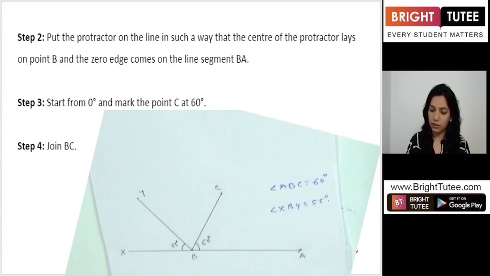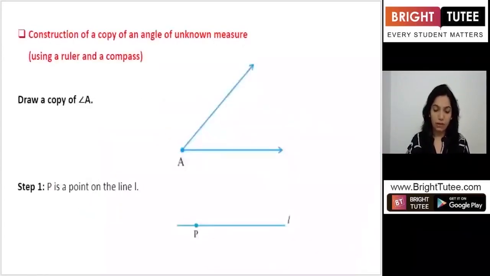And here this was angle ABC, that was 60 degrees in measure. This is just to show you how you are going to read the angle and how you are going to read the protractor while measuring a particular angle. Now comes the important part, the main part of construction, where you're going to do the construction of a copy of an angle with the unknown measure.